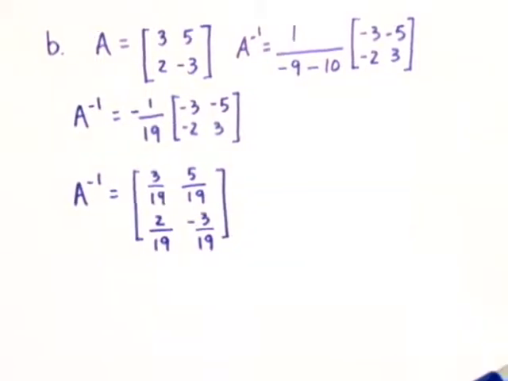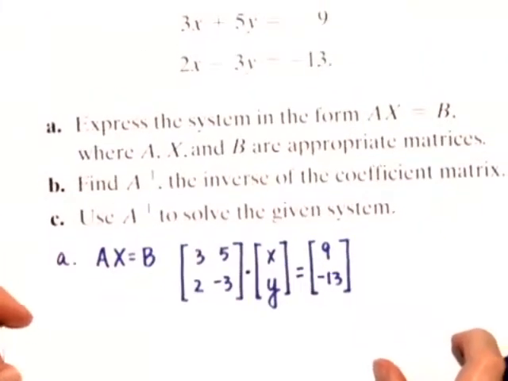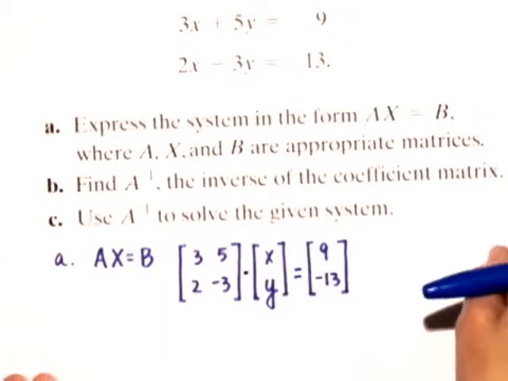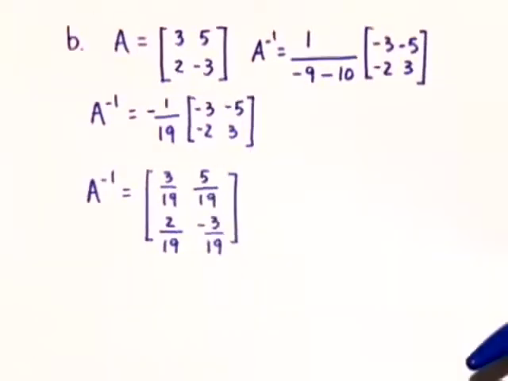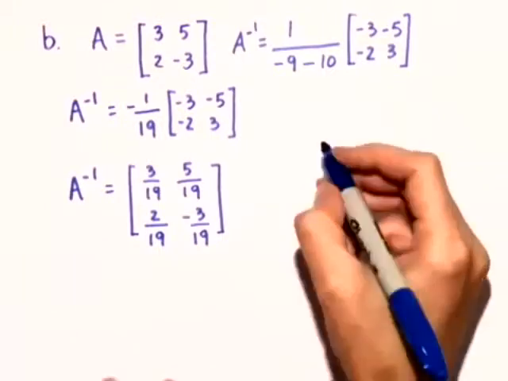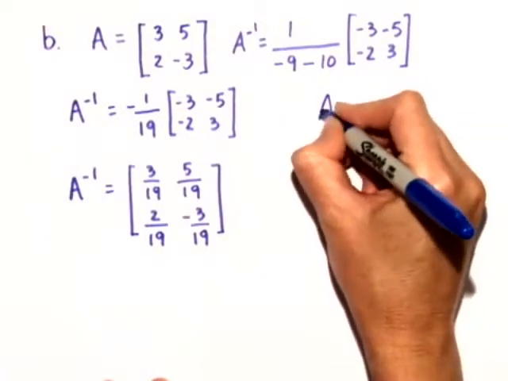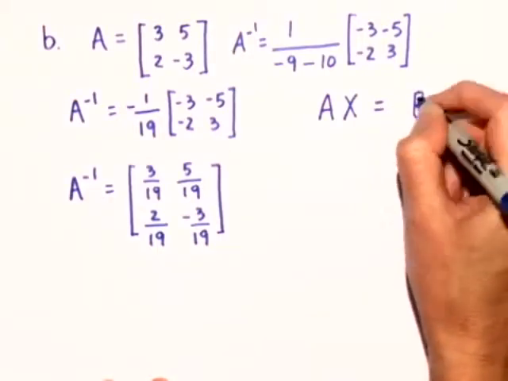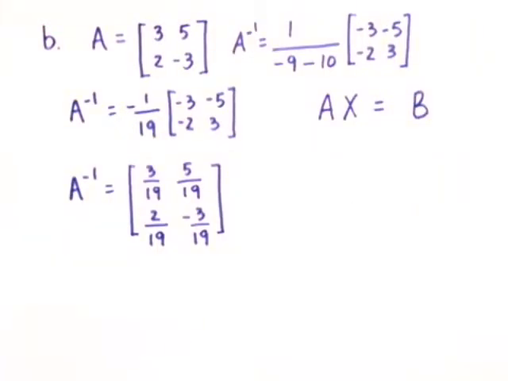Let's go back for just a moment to part C. In part C, we want to use that inverse matrix that we just found to solve the system. So let's do that. We know that when we started in part A, we wrote down A times X is equal to B. And we wrote down these three matrices.